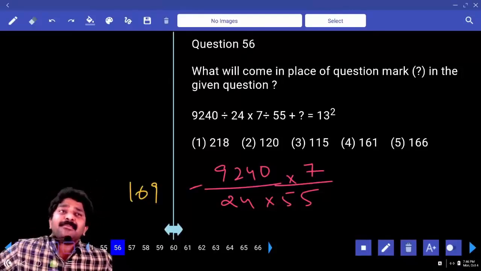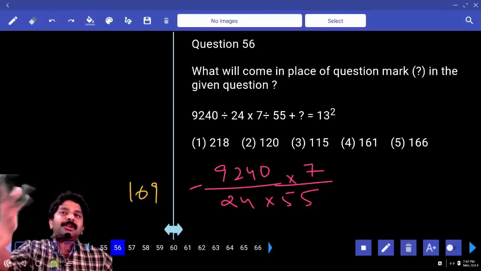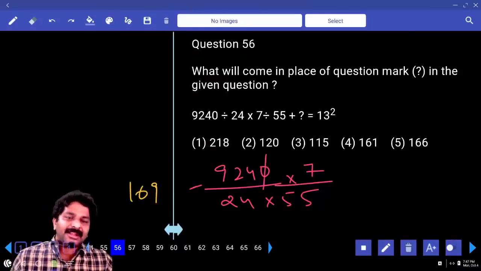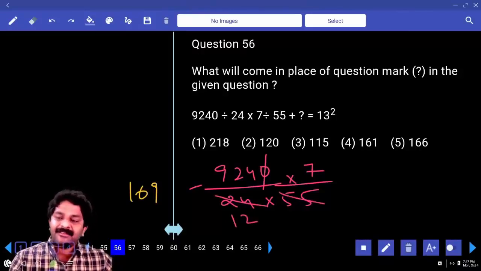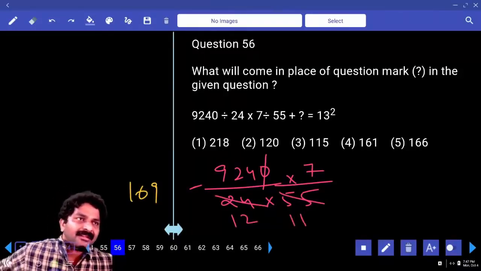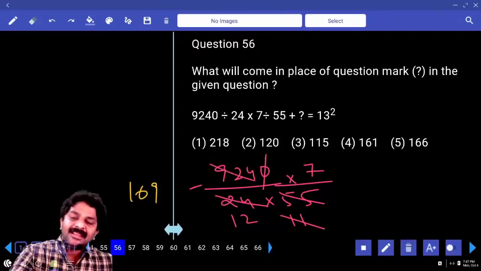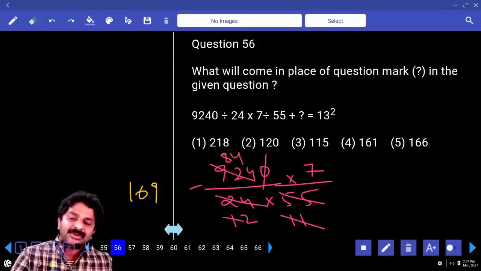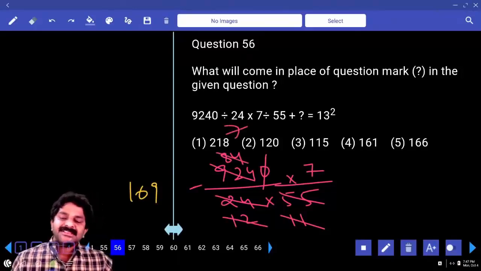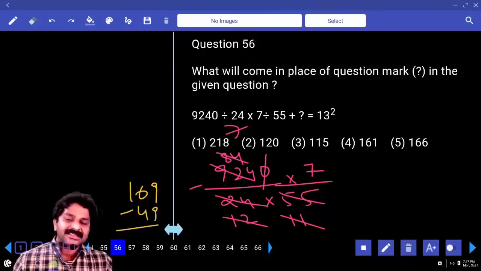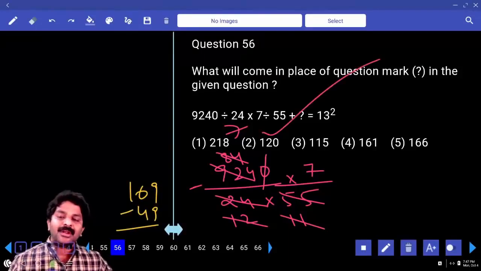Do you have even number in denominator? 2 into 5 gives you 10 only. So let me take 10 from numerator. Cancellation with 2, 12 times. Cancellation with 5, 11 times. Did you follow this? Yes. 11, 84 times. 12, 7 times. 7 into 7, 49. If you subtract 49 from 169, answer 120, second option.